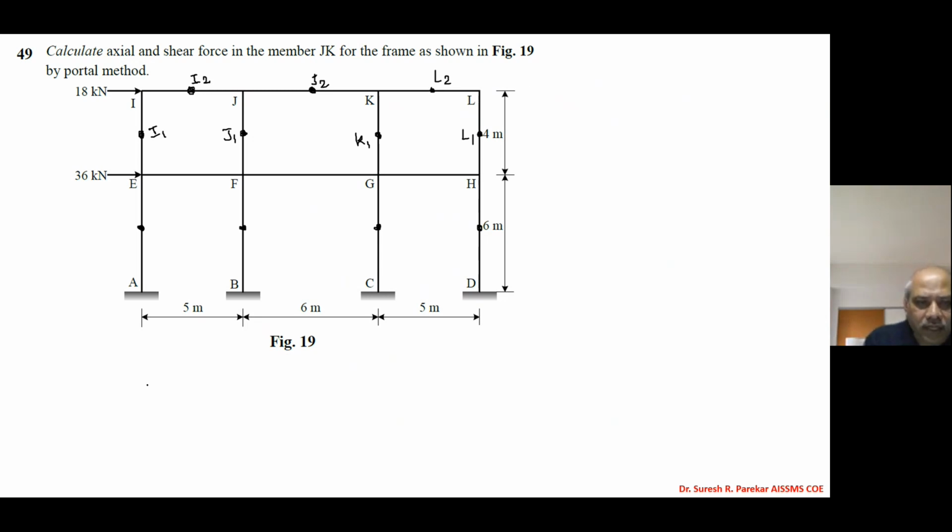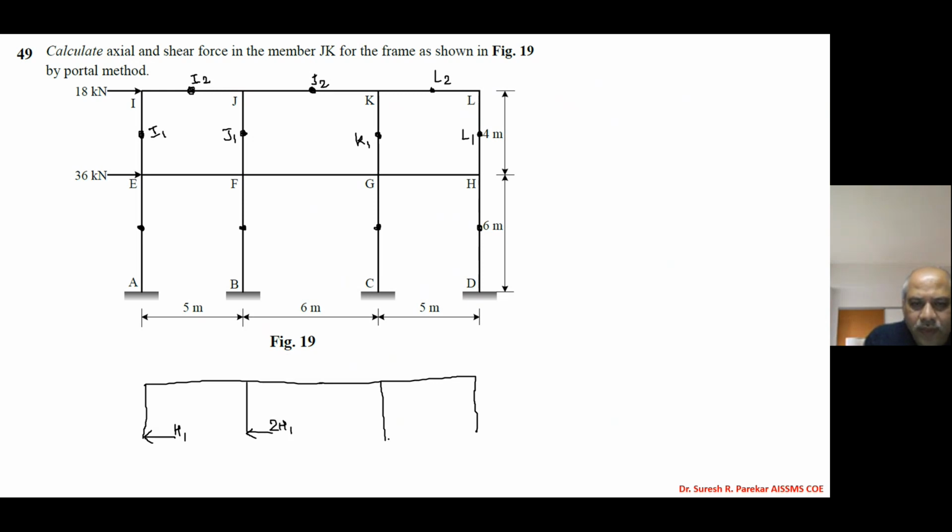So now again we will consider only the upper half portion, and then we will use the third assumption, which says the shear taken by an interior column is equal to twice that of an exterior column.